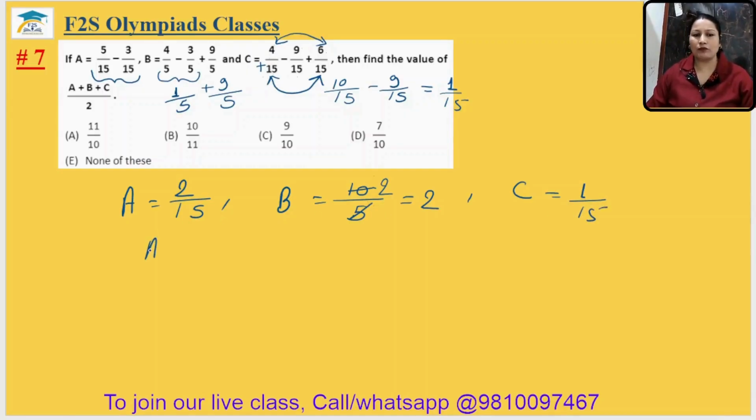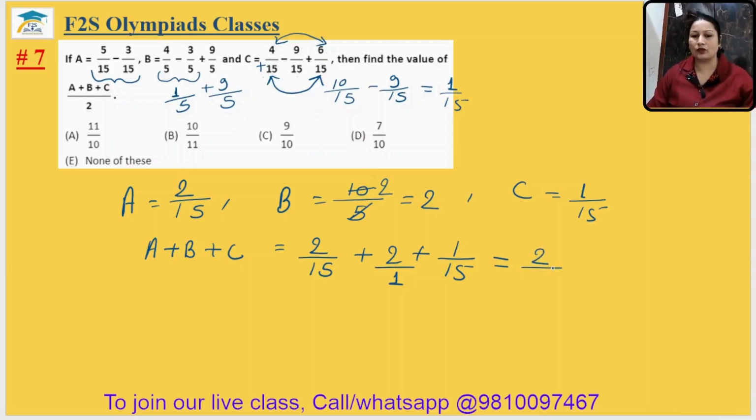Now A plus B plus C. So 2/15 plus 2 plus 1/15. We know we cannot add, subtract or compare fractions without making equivalent fractions with the same denominator. But this 2 does not have the same denominator. It has the denominator as 1.